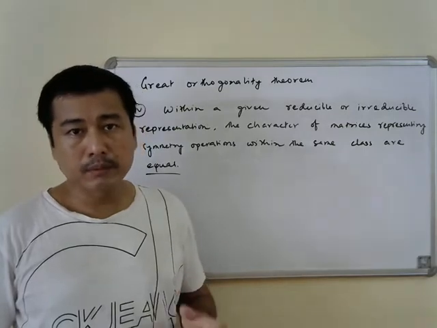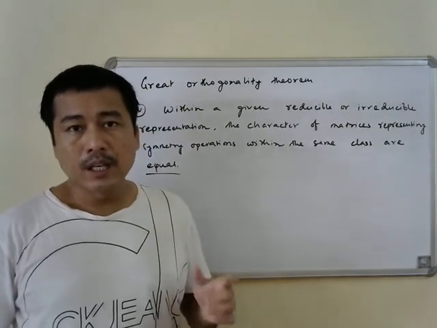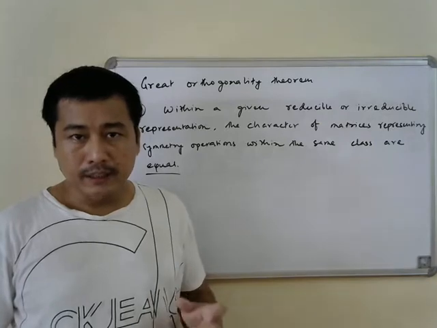Similarly, sigma v dash, sigma v double dash as well as sigma v triple dash are all in the same class in the C3 point group.